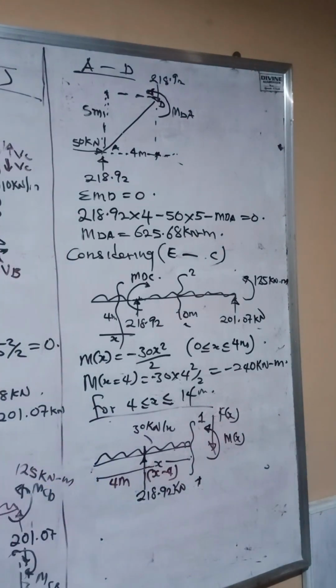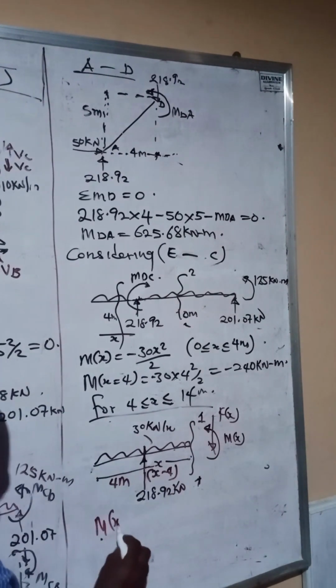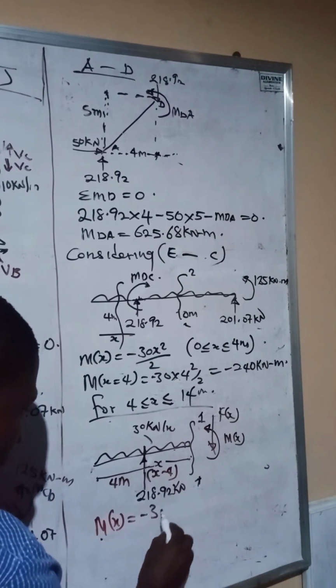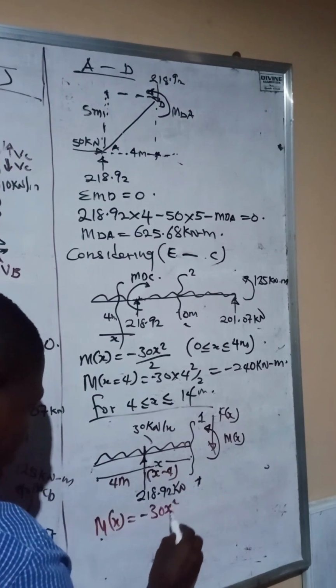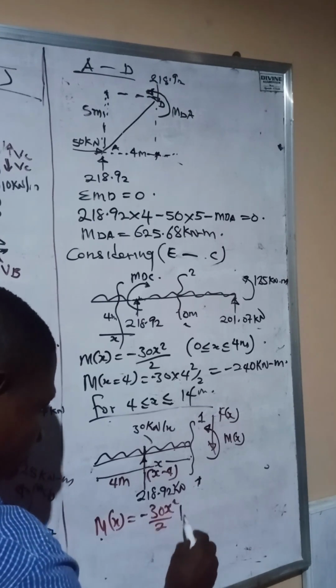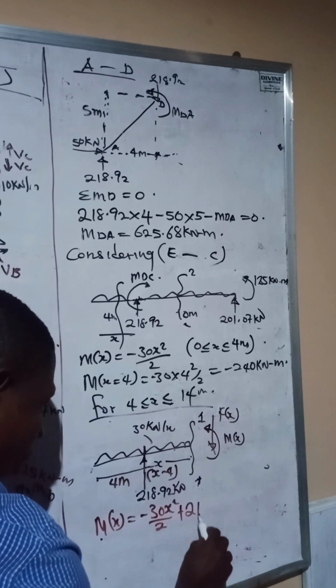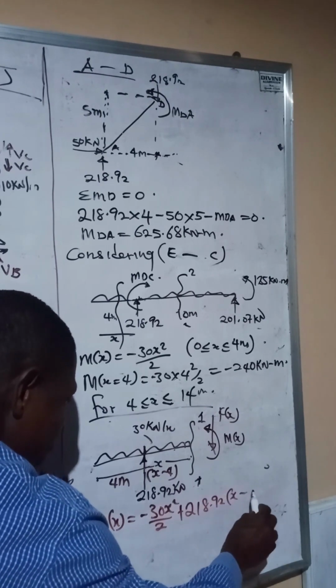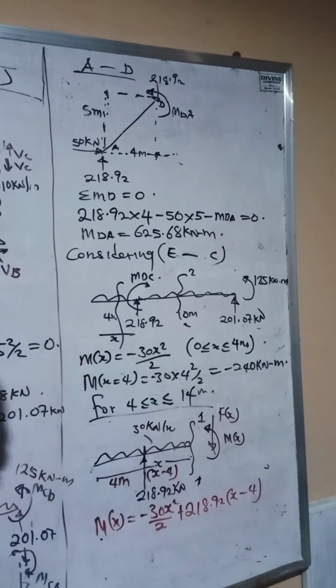So if we write the moment expression, we'll have m of x equal to minus 30 x squared over 2, then plus 218.92 times (x minus 4). All right.